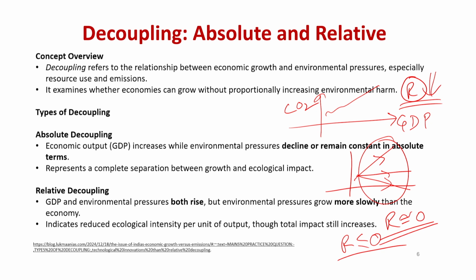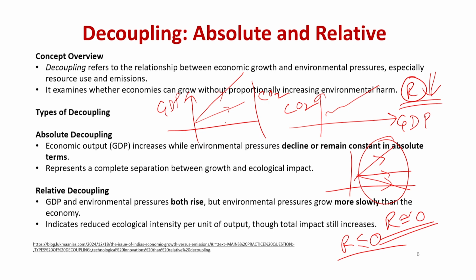We grow, but we grow in a manner in which we completely decouple the two aspects. The second is relative decoupling, where we continue to grow, both rise, but the slope of the curve changes. If we take both these axes, GDP is growing at a certain pace, and the carbon dioxide on this axis is growing at a much slower pace.